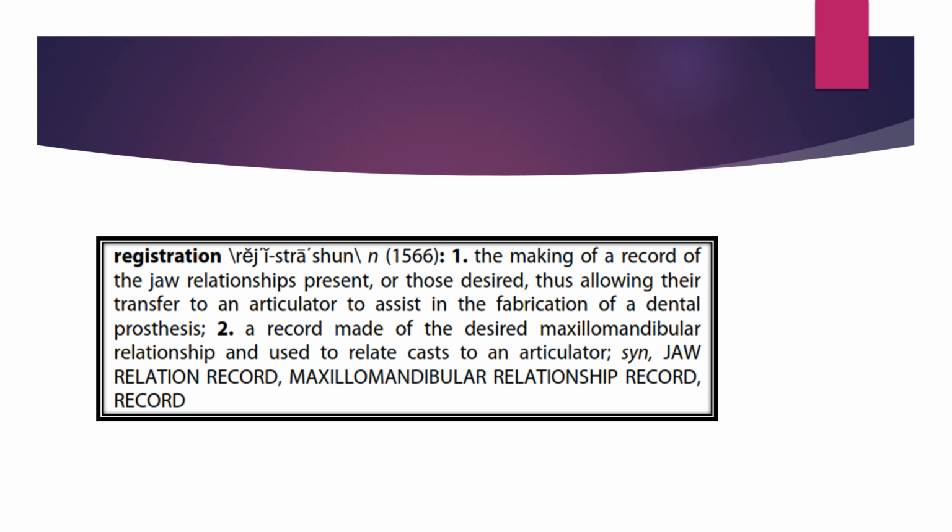Or it is defined as the record made of desired maxillomandibular relationship and used to relate casts to an articulator. That is jaw relation record, maxillomandibular relationship record and simply record.